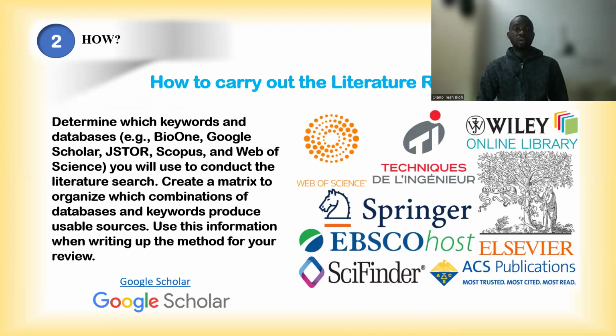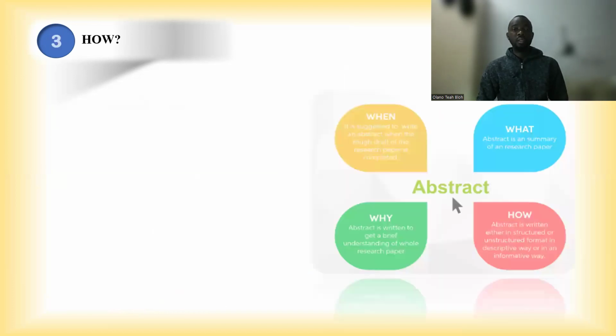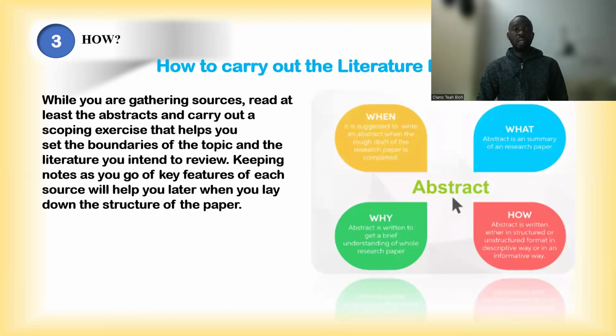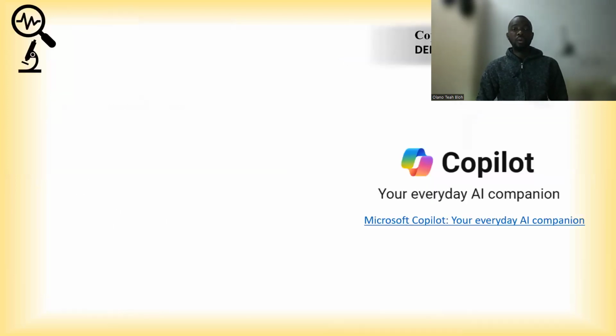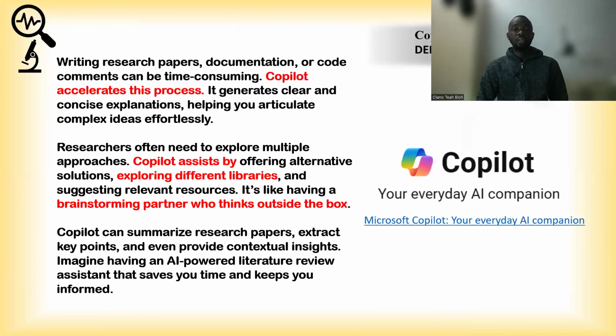You can also use Google Scholar, which we explored. There are different databases around. And how to write the abstract and what the abstract entails. We also talked about Copilot, and we demonstrated how we can use Copilot for our research.